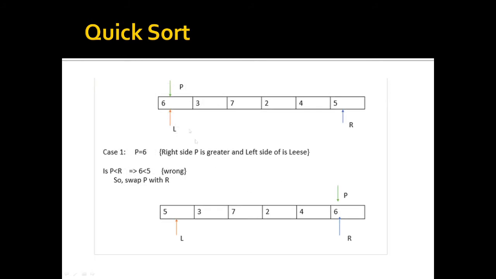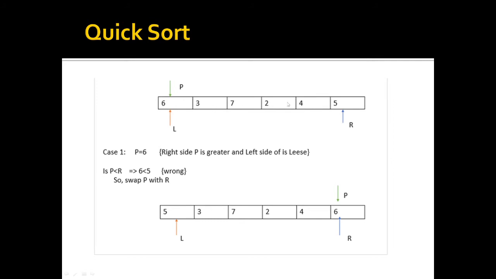First, we pick the first element as our pivot element, so 6. If this is our pivot element, all values lesser than this value will be placed to the left of it, and all values higher than this will be placed to the right of this pivot element. That's basically what we're going to do here.